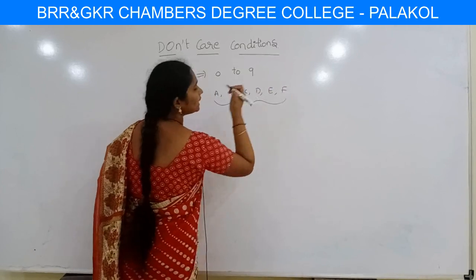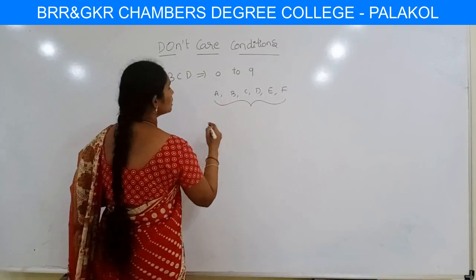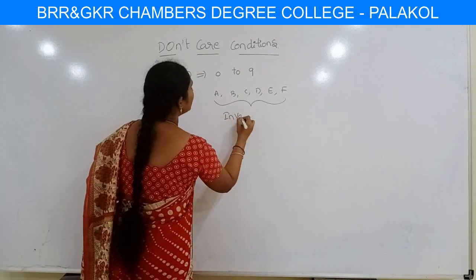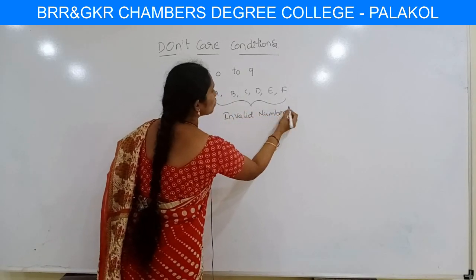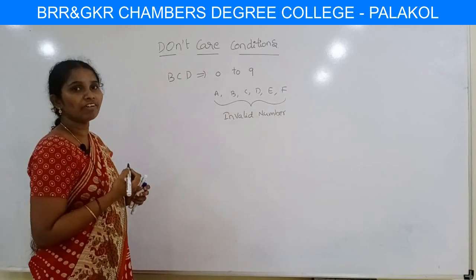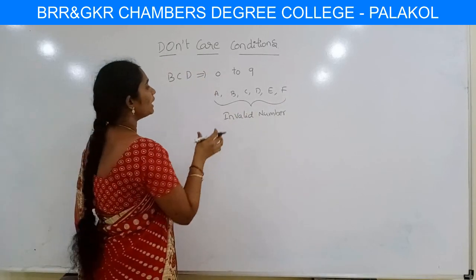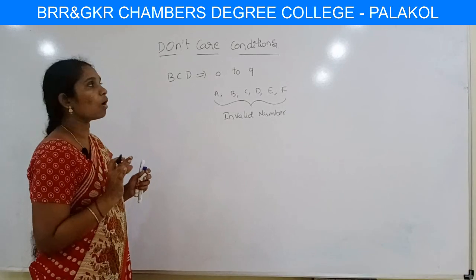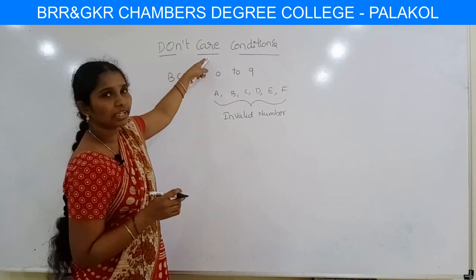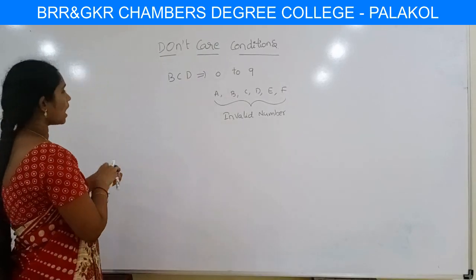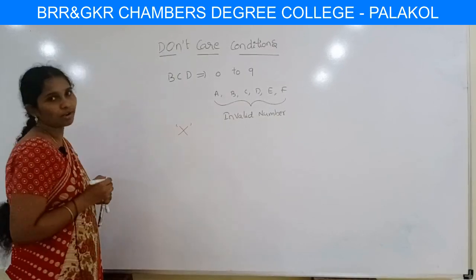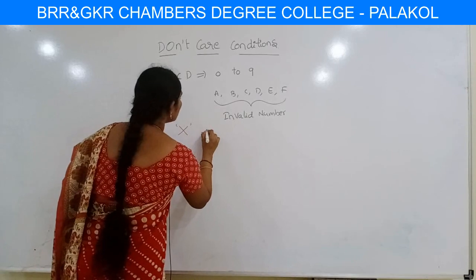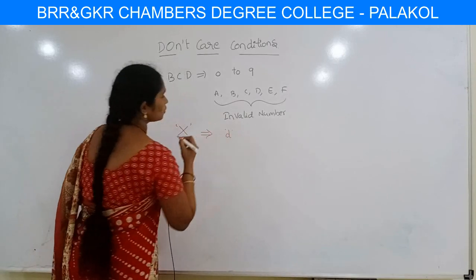So in the BCD representation these numbers are invalid numbers. That's why these invalid numbers are indicated with don't cares. The don't cares are represented with a small cross, or in some textbooks they follow a small d also.